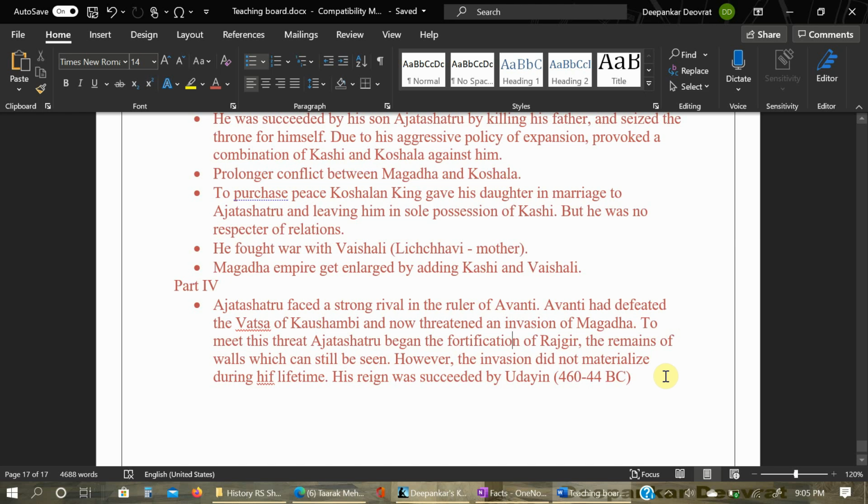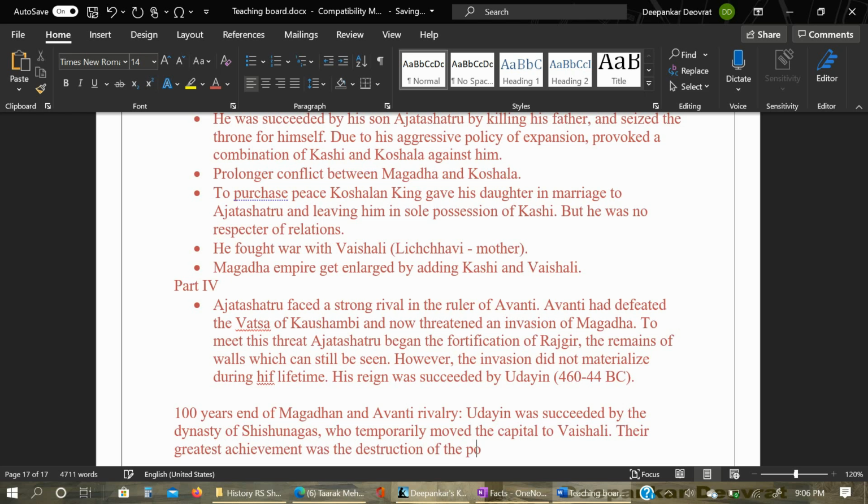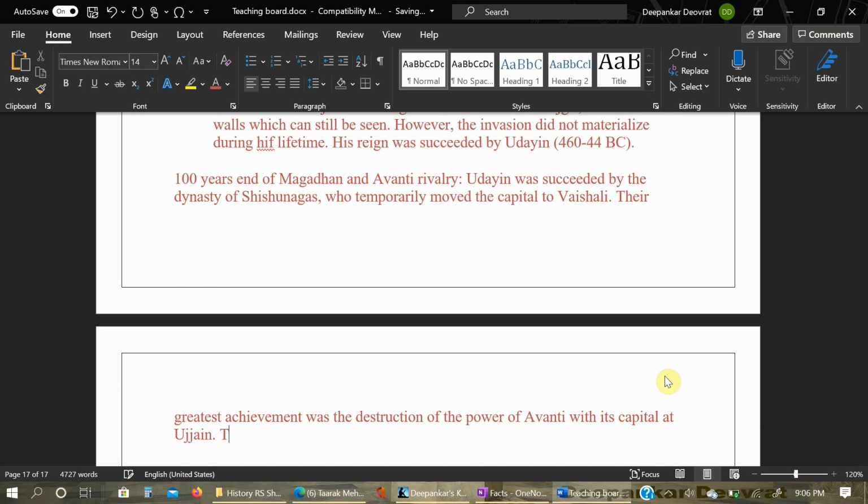Now the 100-year Magadha and Avanti rivalry ended. How? Udayin was succeeded by the dynasty of the Shishunagas, who temporarily moved the capital to Vaishali, and their greatest achievement was the destruction of the power of Avanti with its capital at Ujjain.